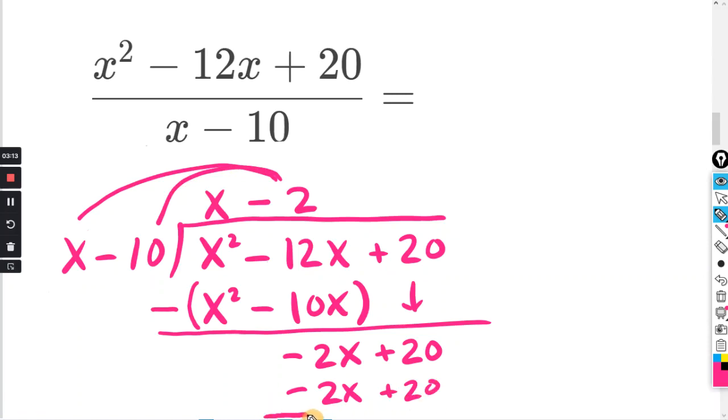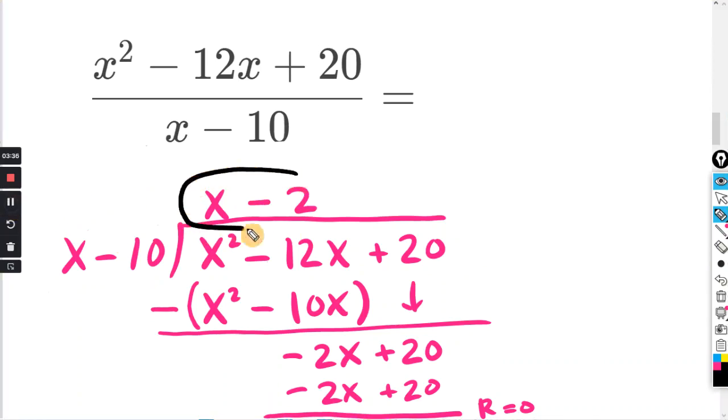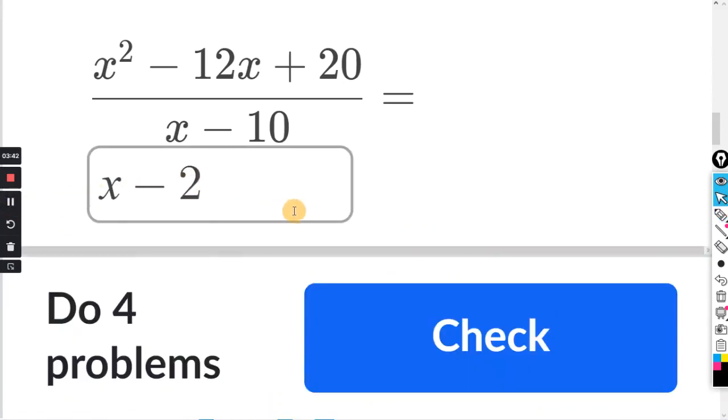Okay, so as you can see, we got the same expression here. So if we subtract these two, the remainder is just going to be 0. Okay, so we don't need to write a remainder. And the final answer is just this right here, x minus 2. So x minus 2, final answer. That goes in the box. All right, just click in the box, type it in.